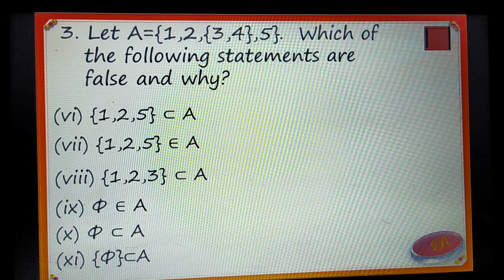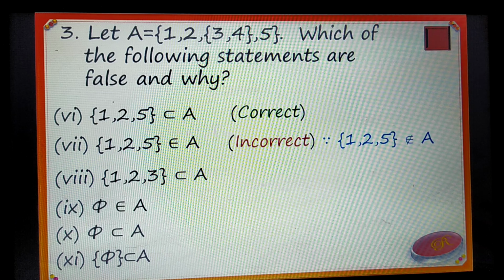Sixth statement. Set with elements 1, 2, 5 is a subset of A. Solution. Correct. Seventh statement. Set with elements 1, 2, 5 belongs to A. Solution. Incorrect.